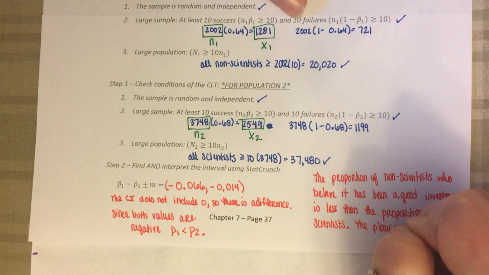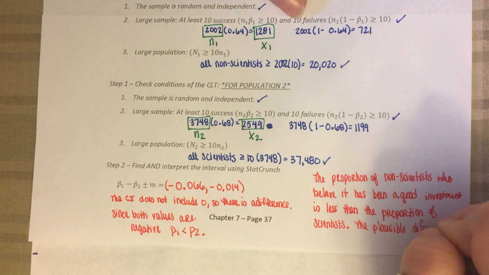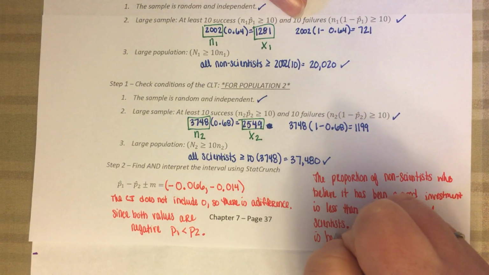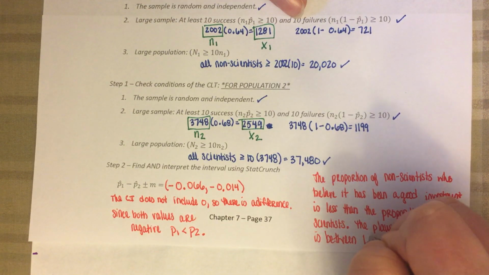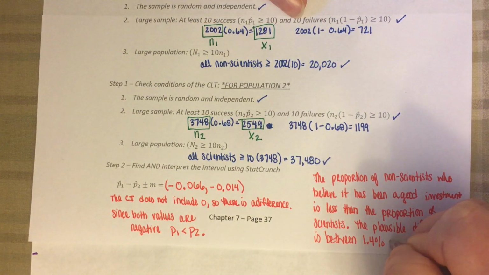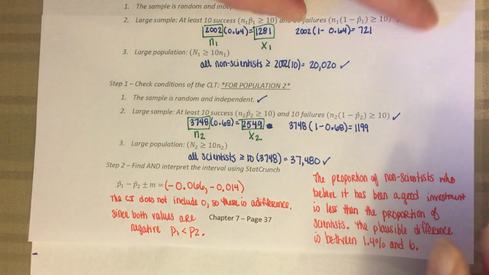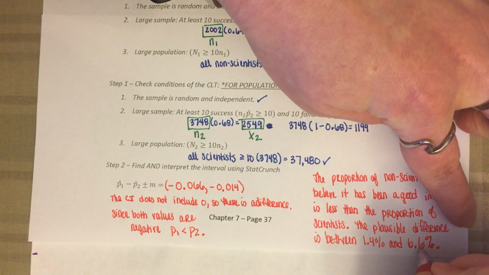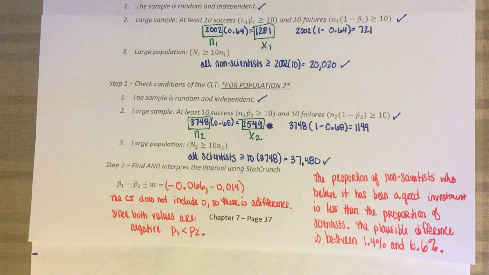The plausible difference is between 1.4% and 6.6%. So P1 is less than P2. Our proportion of non-scientists who believe it is a good investment is less than our proportion of scientists. And the difference is our two different percentages that we get for our limits, between 1.4% and 6.6%.